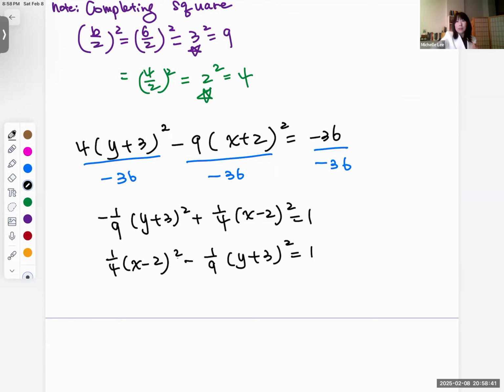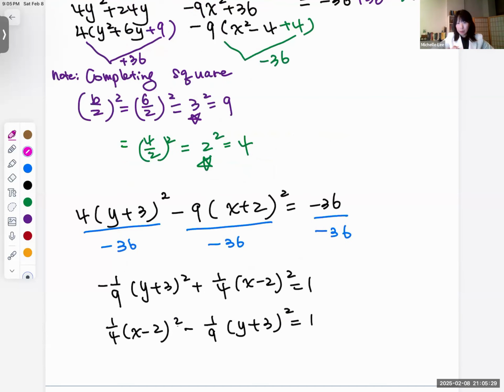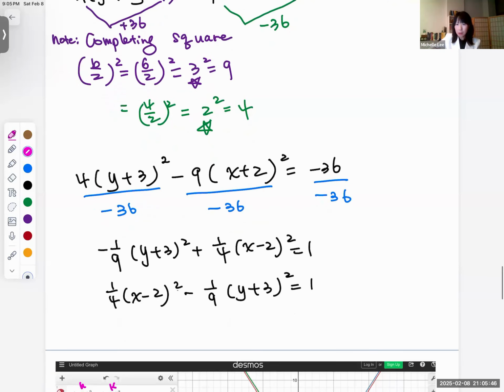Okay, so what is this? Yeah, this is a hyperbola. But we need to find the critical point, right? So when x equal to 2, we get 0. When y equal to negative 3, we get 0, right? So critical points are 2 and negative 3, right?